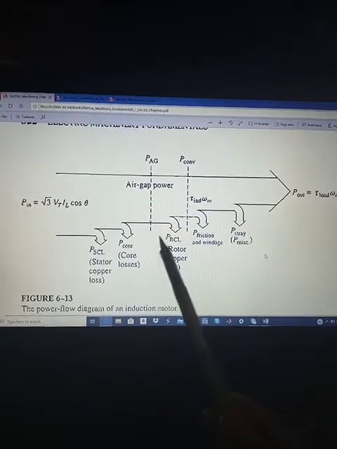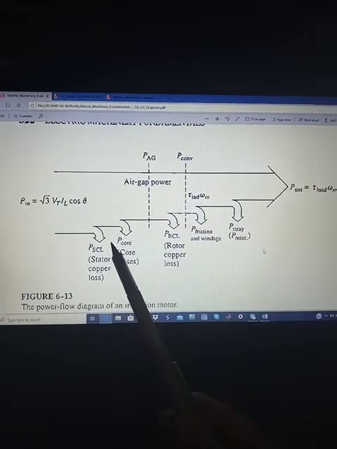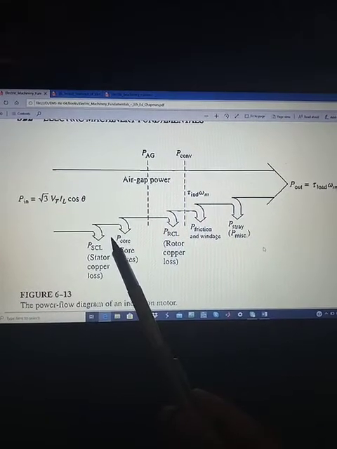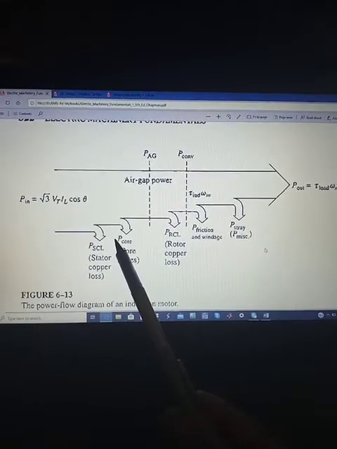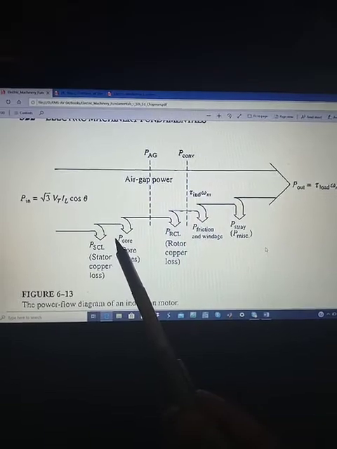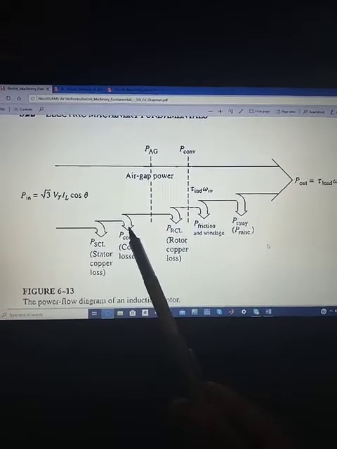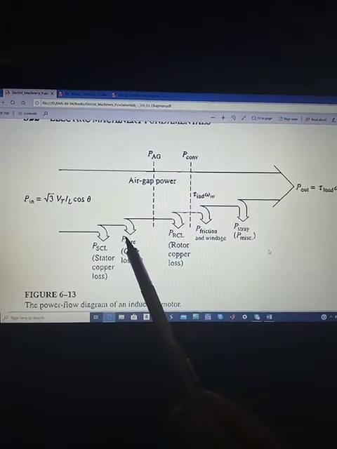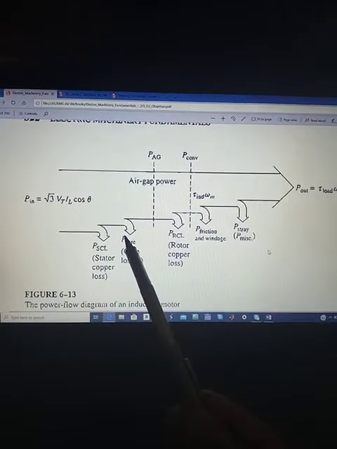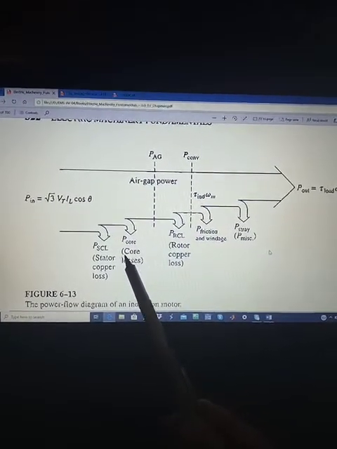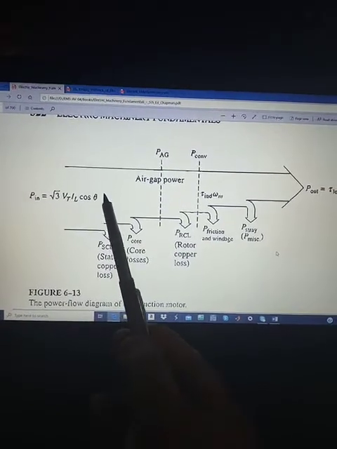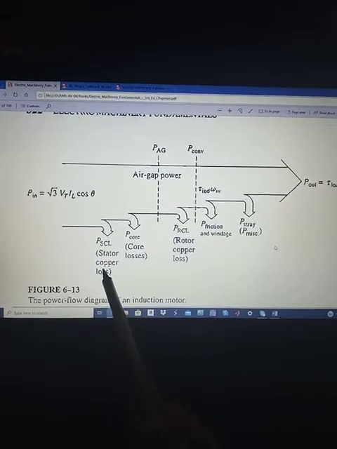The input power to an induction motor is in the form of three-phase voltages and current which are provided to the stator winding. As the stator winding is made of copper, the stator winding has I square R losses. So first of all, the first loss that occurs is the stator copper loss.